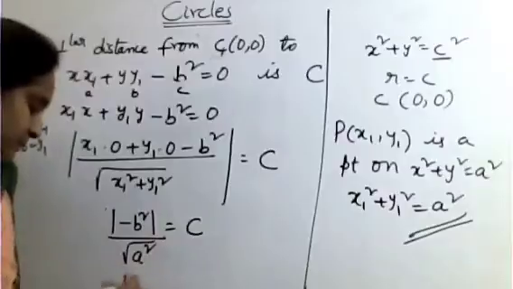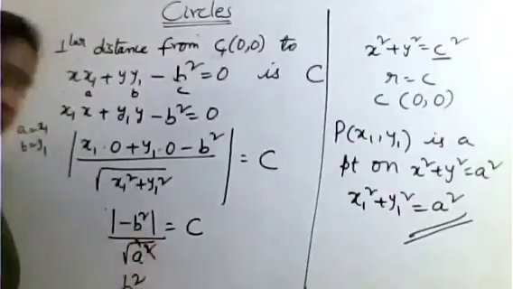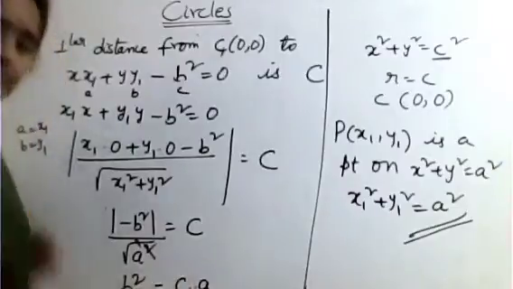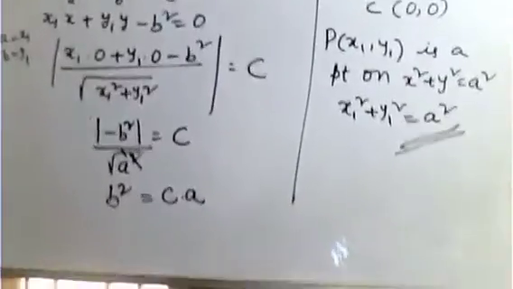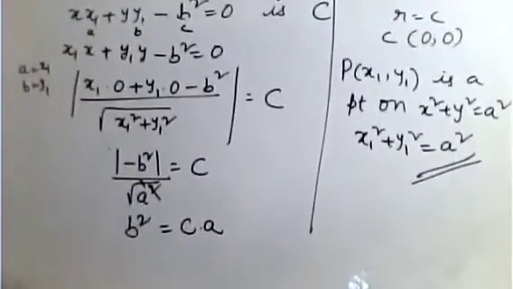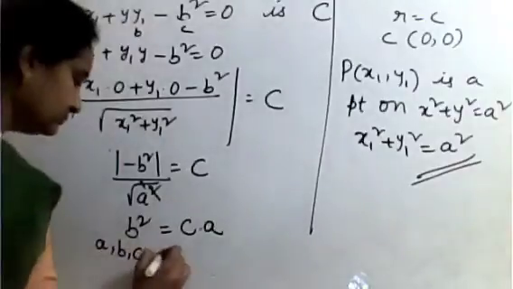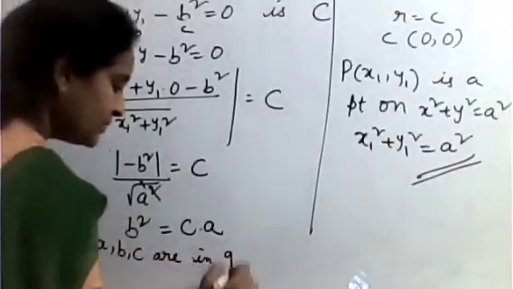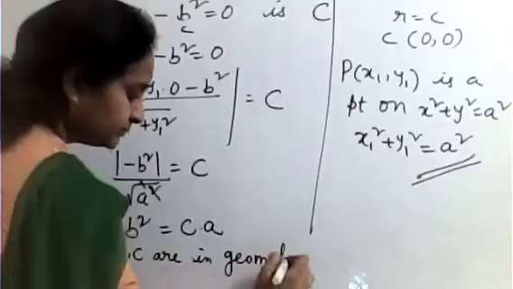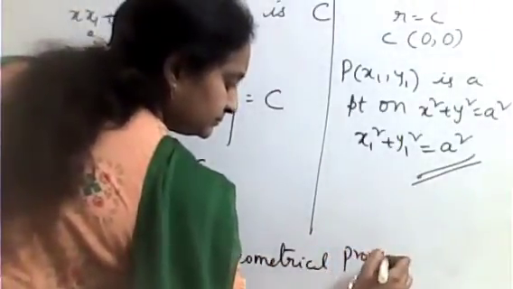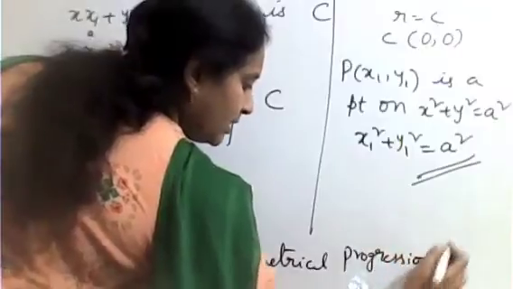Now the b square root and this one we can cancel. So b square is equal to c into a. Since b square is equal to ac, we can say that a, b, c are in geometrical progression, or in GP.